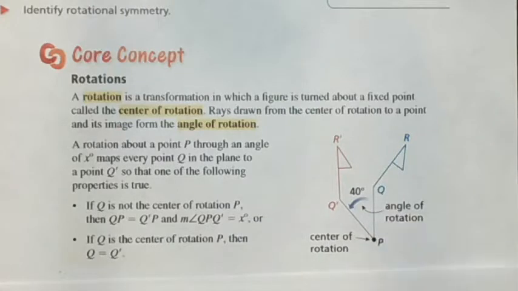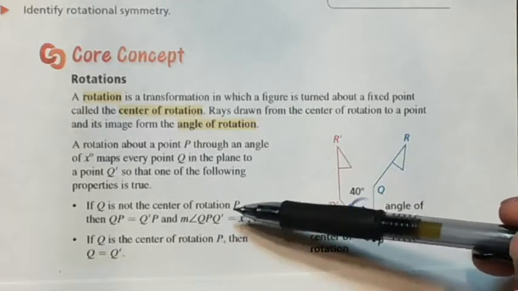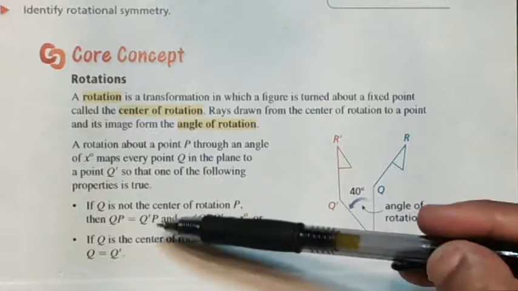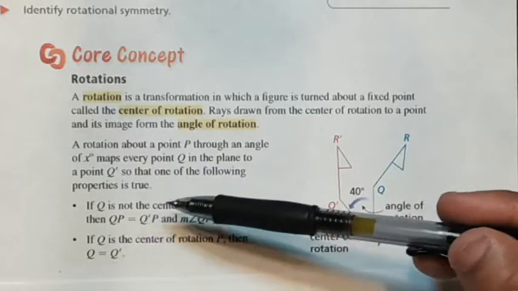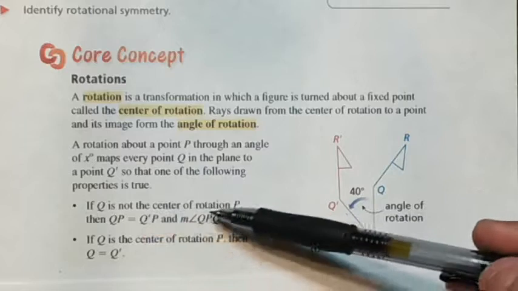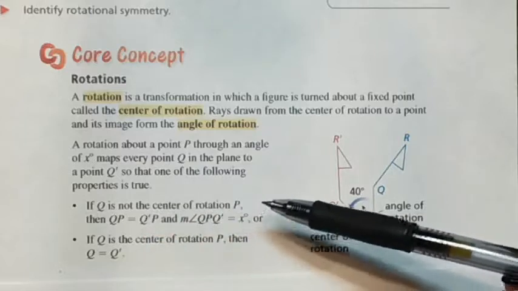All right, a rotation about point P through an angle of x degrees maps every point Q in the plane to point Q prime, so that one of the following properties is true. You'll need to know these properties. If Q is not the center of rotation P, then the distance from Q to P is equal to the distance from Q prime to P, and the measure of angle QPQ prime is equal to x degrees.